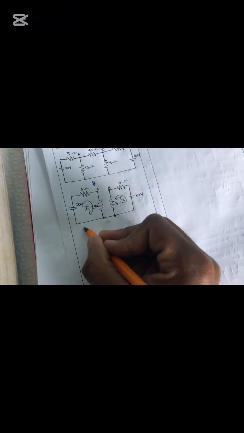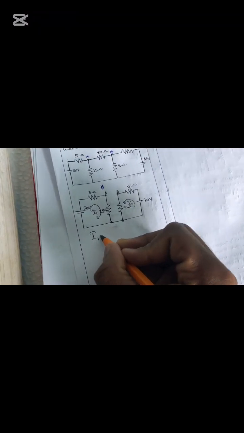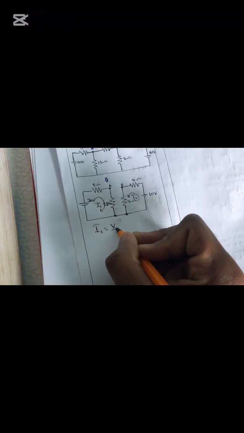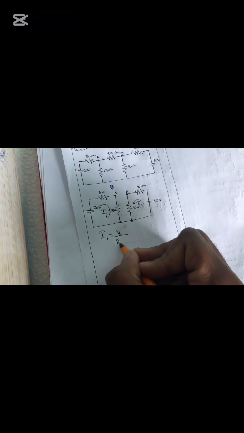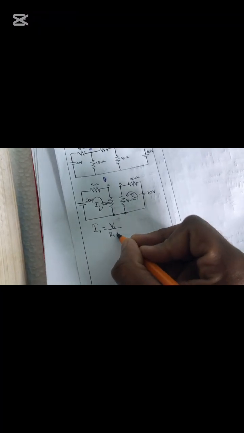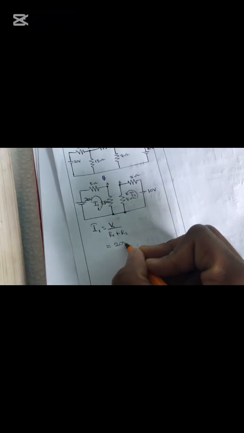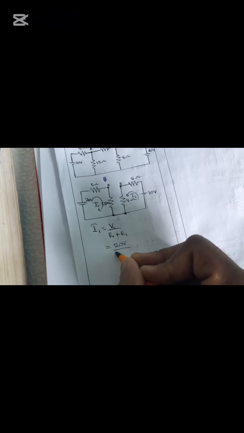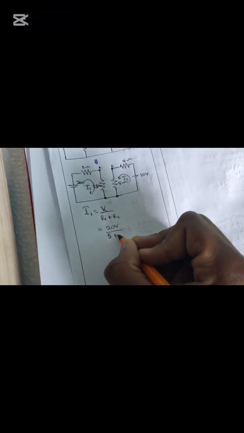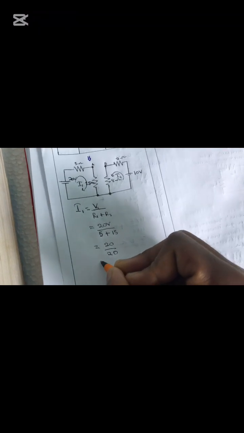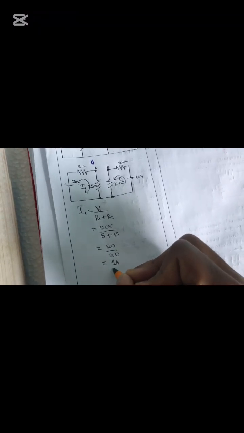Taking I1 into consideration, I1 equals our voltage source V source over resistor 1, and we'll call this resistor 2, we'll add, which will be equal to 20 volts over 5 ohms plus 15 ohms, which is equal to 20 over 20, equal to 1 amp.